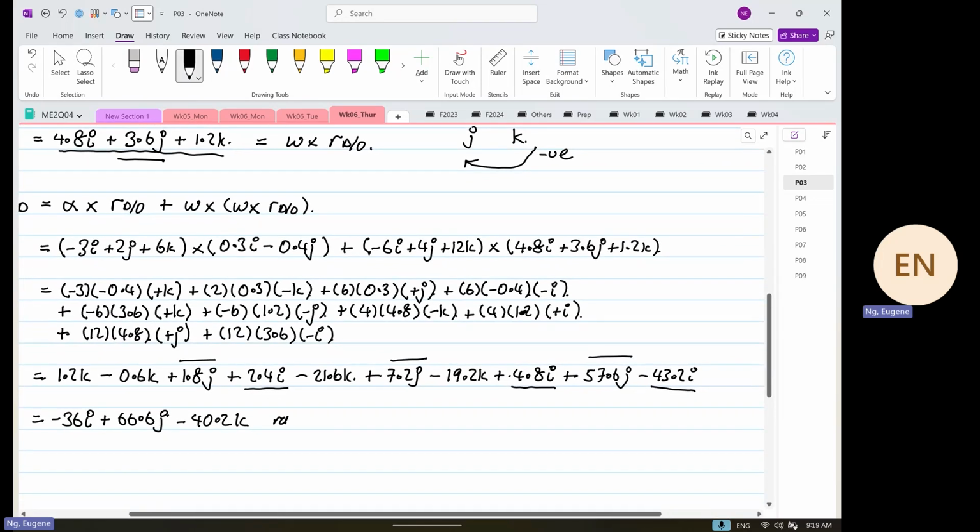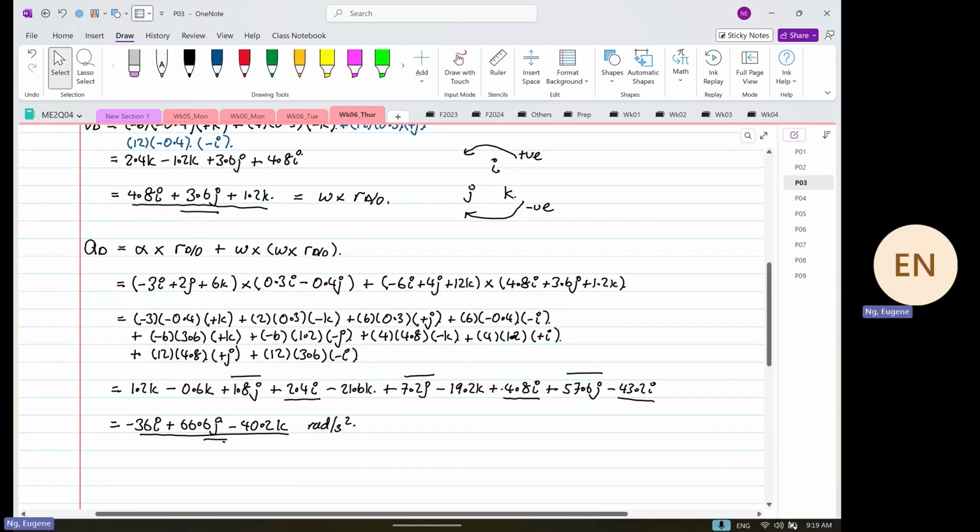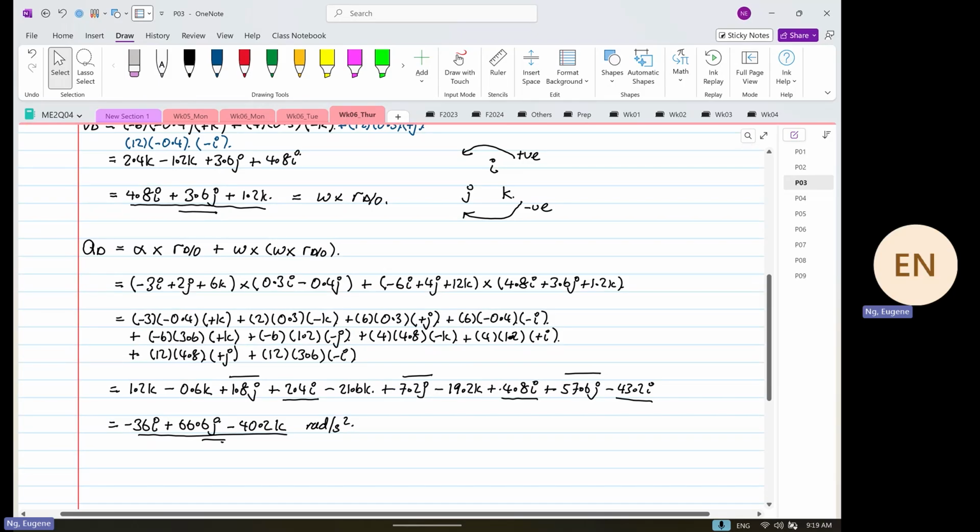radians per second squared. Okay. Can anyone solve this using your calculator? You can? So you can do 3 by 3 or whatever, right? You can? Okay. So if you can do that, even better.